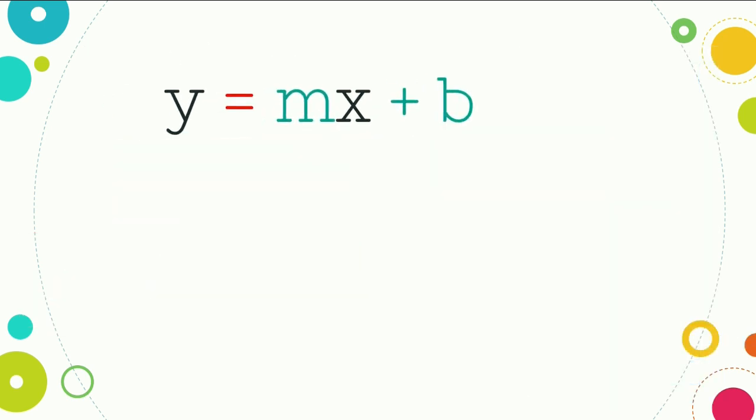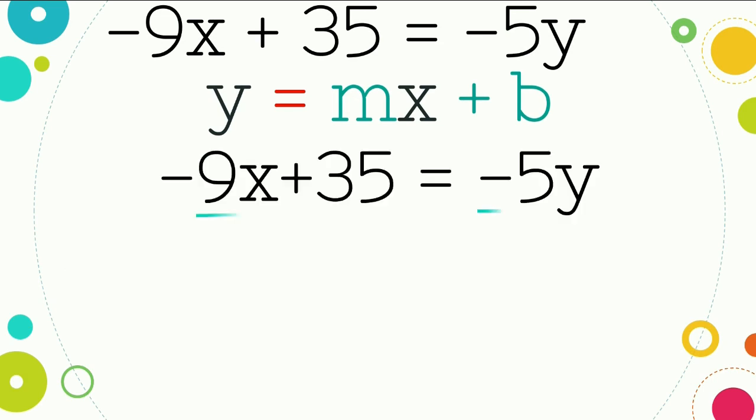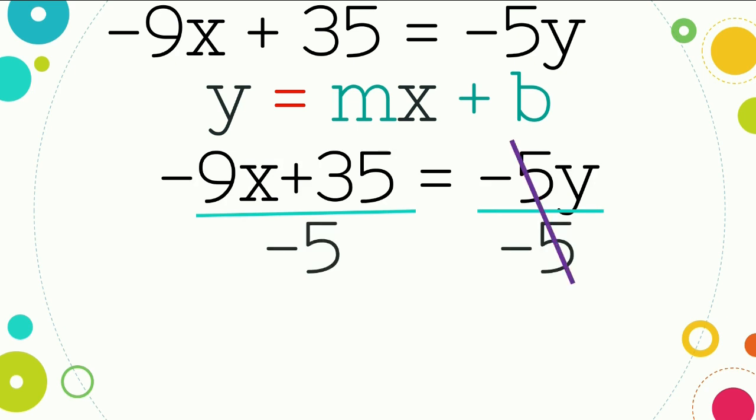Another example, we have negative 9x plus 35 equals negative 5y. Since the variable y is already separate in our equation, therefore we only have to divide both sides by negative 5. Cancel negative 5.